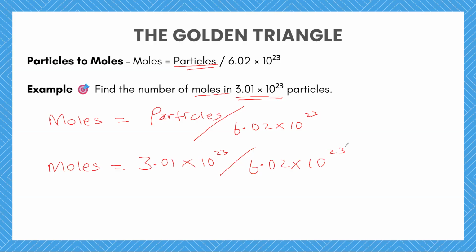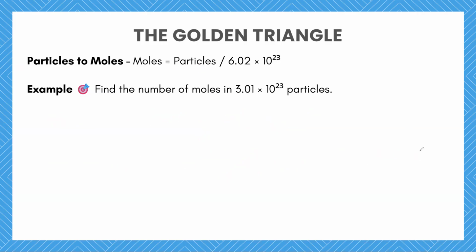That gives us 0.5 moles. Allow me to write that down. 0.5 moles. Are you seeing how each step is being carried out? Simple, straight to the point, and concise.